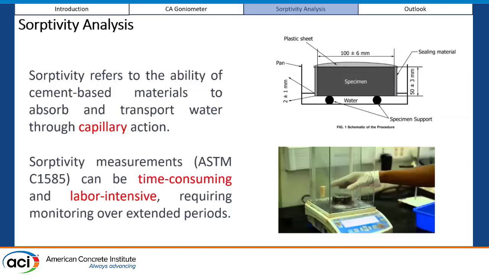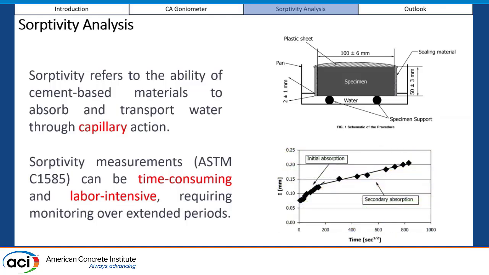But this test is very labor intensive. You have to constantly measure the mass change of the sample. One may say it's just a mass measurement, but think about it, you have to do it frequently for 12 hours, and then for the next few days.